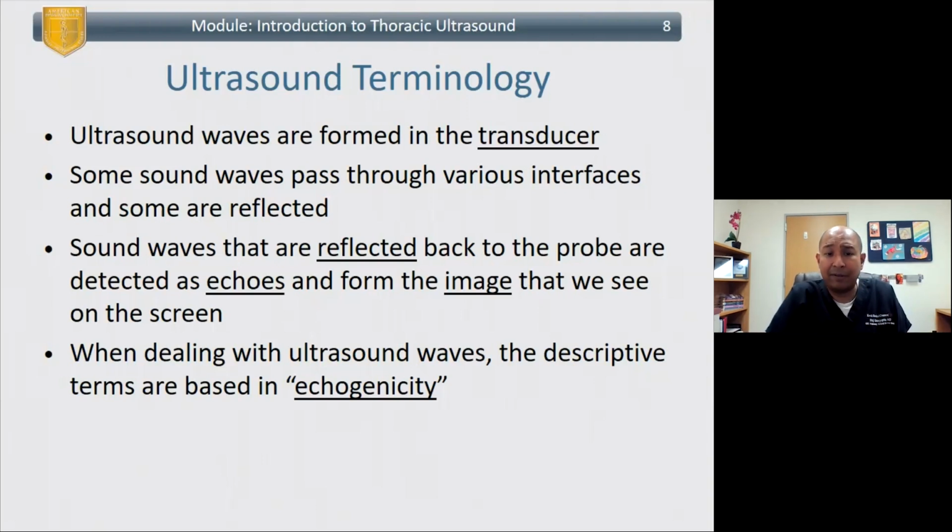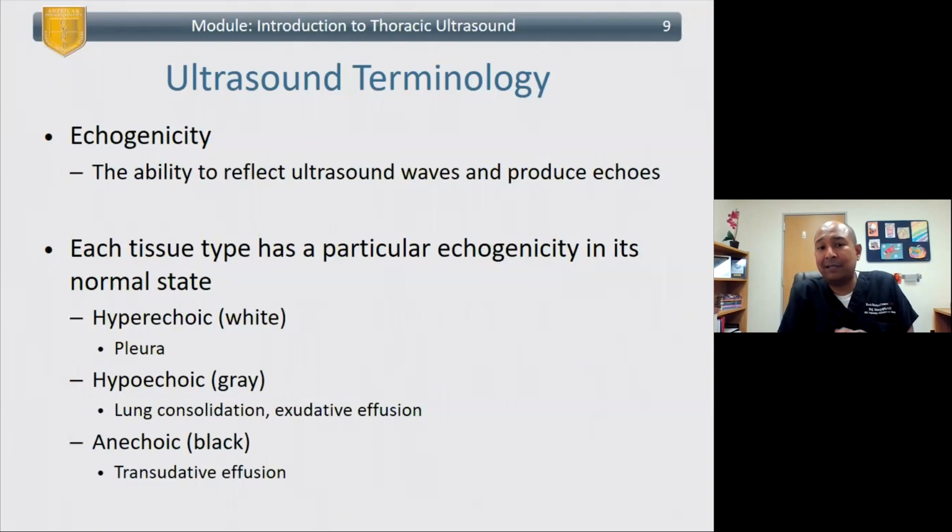When we talk about dealing with ultrasound waves, the descriptive term is echogenicity. The definition of echogenicity is the ability to reflect ultrasound waves and produce echoes, and each tissue has a particular echogenicity in a normal state. If I say it's very hyperechoic, it's white, like bone, like the pleura, and of course we're going to talk a lot about the pleura.